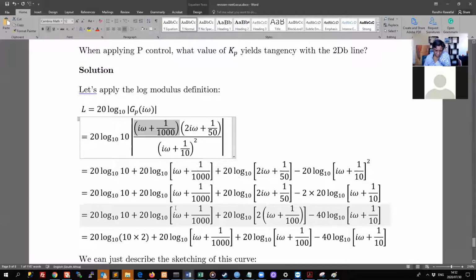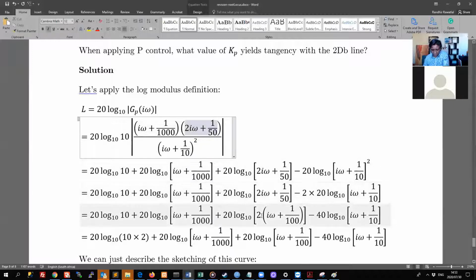And then here we are trying to get this form. We want to get rid of this coefficient here, which is going to help us with our plotting. So we always want the form omega plus something, and that's what we want to get here.